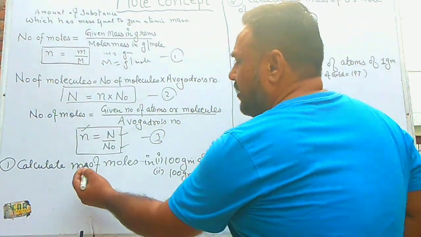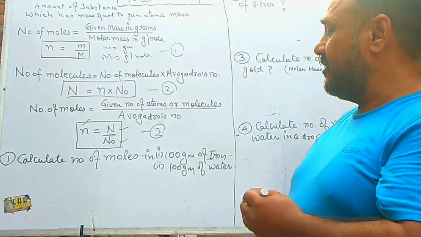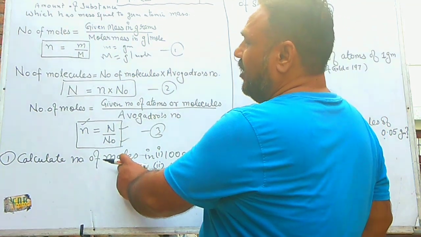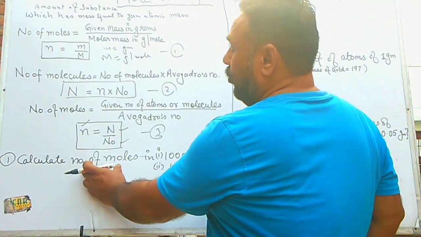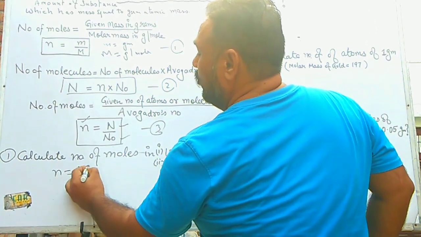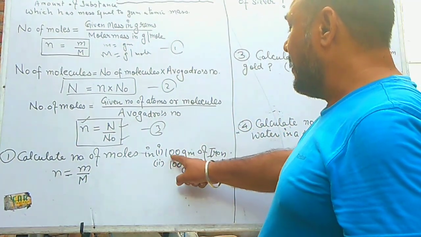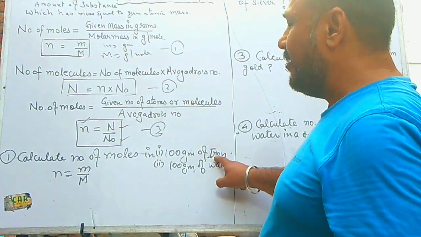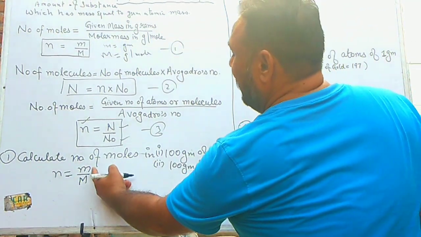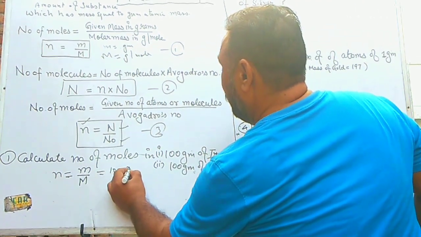First numerical: calculate the number of moles in 100 gram of iron. So first of all we will calculate the number of moles. The formula is n equal to small m over capital M. Here m is given in grams, so we take 100 gram.